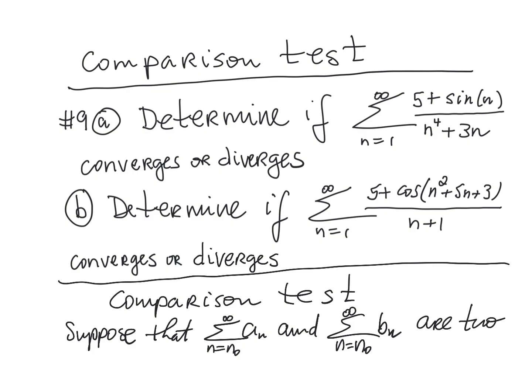These are two series with positive terms, so that means a sub n is positive for all n and b sub n is positive for all n.